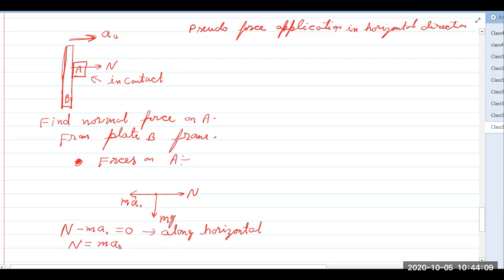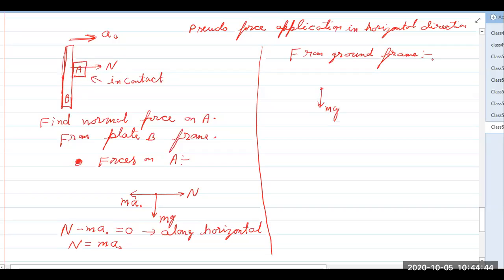The same thing could be done with another method, from the ground frame. There is no vertical force other than mg acting on object A, and only the horizontal normal force.